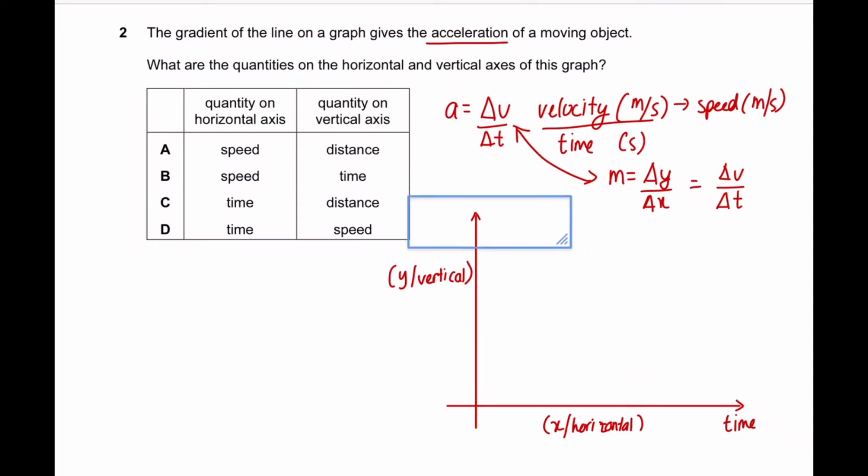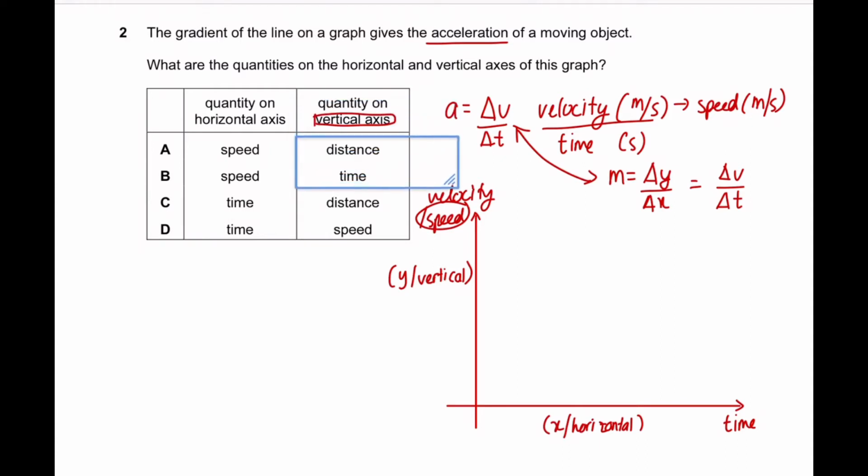So let me label here first. The x-axis is the time, and the y-axis is the velocity. Or in this case, in the option given, there's only speed. So let's use speed here. Okay, speed with vertical axis. So in the vertical axis column, we have to find speed. Okay, it's under option D. Whereas in horizontal axis, right here, we have label here as time.